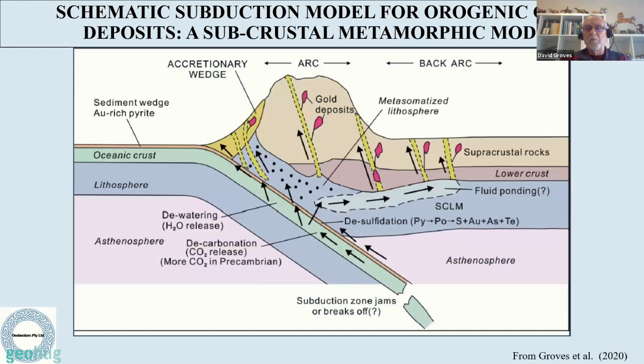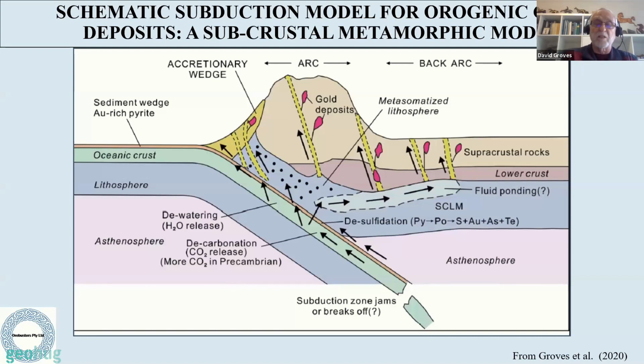So my model for orogenic gold is that it occurs deep below the Moho from oceanic crust, probably altered oceanic crust, as the isotopes are telling us in a number of places, that are going down the subduction zone. They start off by dewatering, and then at about 500 degrees, they decarbonate. Calcite is no longer stable. Pyrite's no longer stable at about 500.